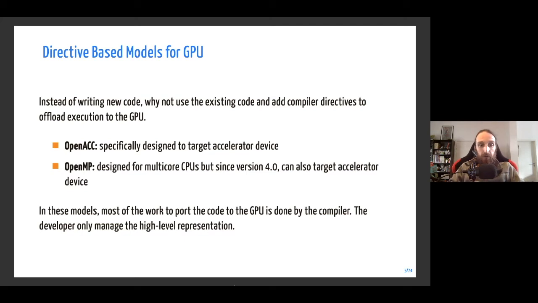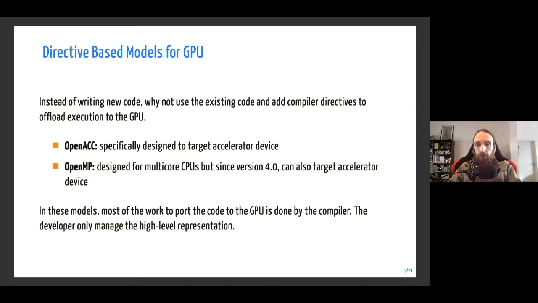accelerators. OpenMP, on the other hand, is quite old. It was designed in the late 90s, and at the origin, it was designed for multi-core CPUs. But since version 4, it also targets accelerator devices. Again, this accelerator device can be something other than a GPU.